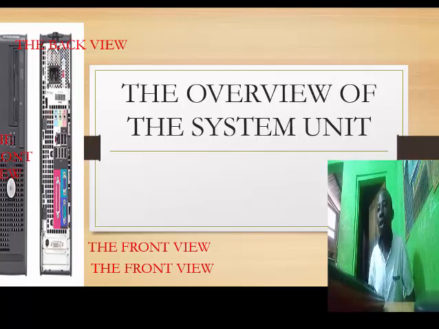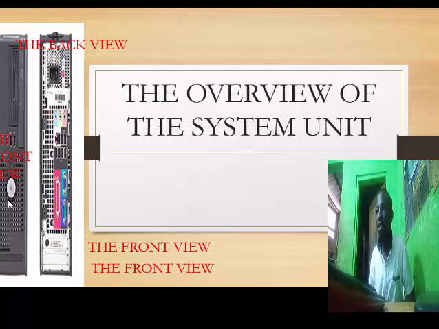Let's continue. Now let's talk about the system unit. The system unit itself, as we saw from the previous lesson, I said it's like a box. So it's a box-like case that contains the electronic components of the computer. Many people inclusively refer to this as the CPU.